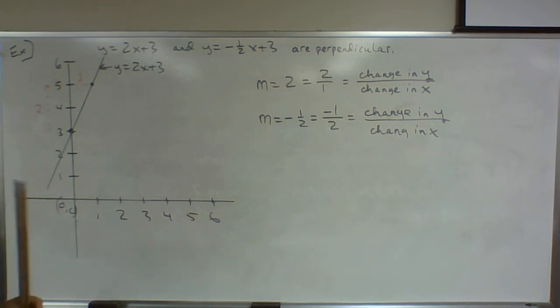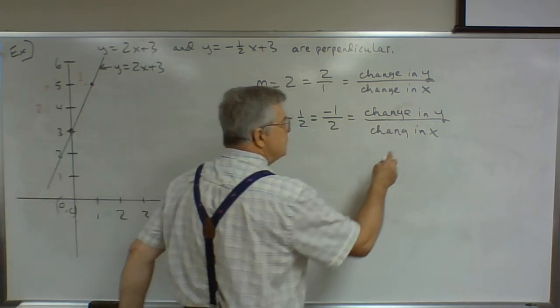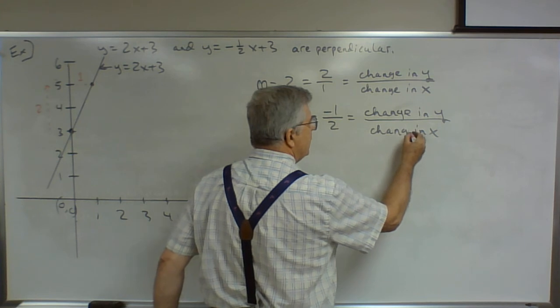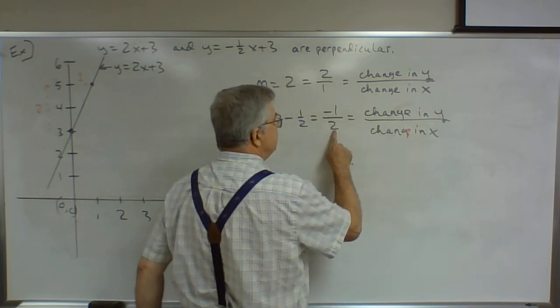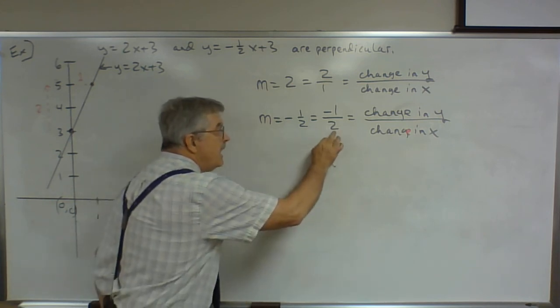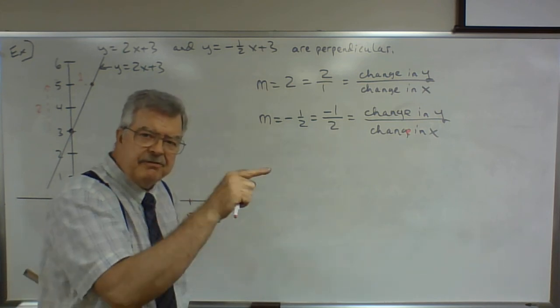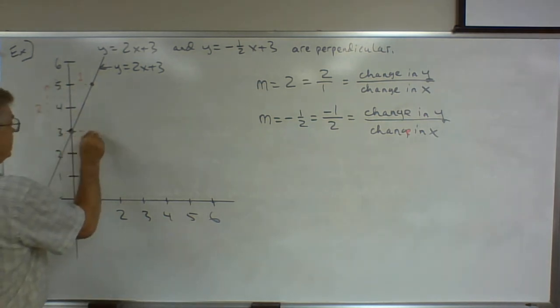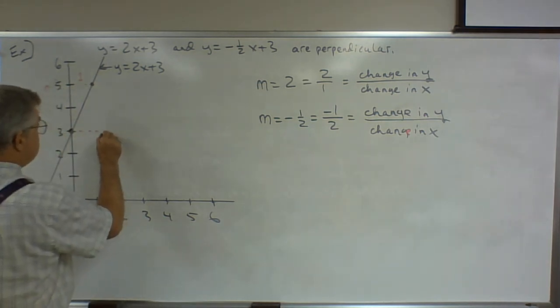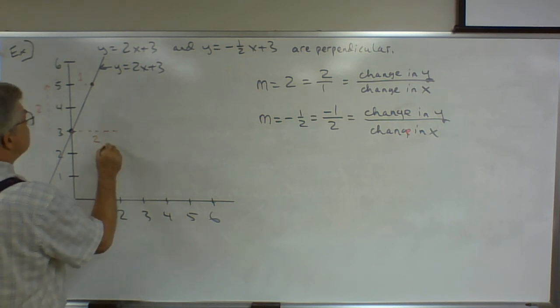Change in x. There used to be an e in change. I don't know when that stopped being the case. Change in x is 2. Positive 2, so we go positive 2 units to the right. Okay, 2 units.